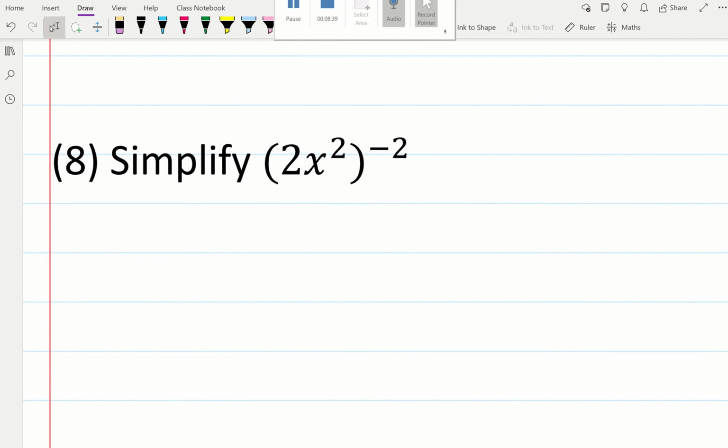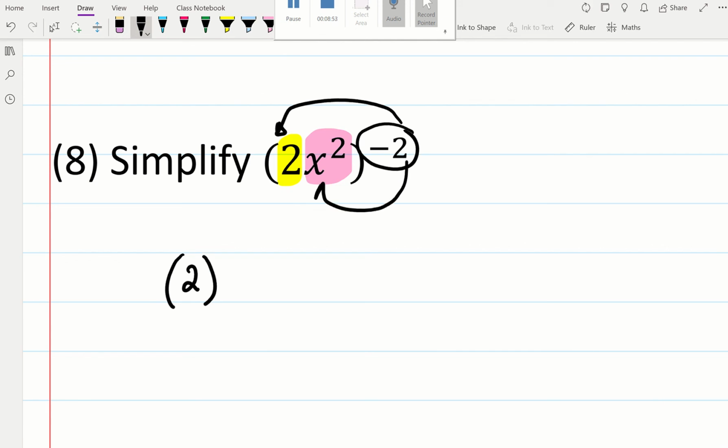Again, a similar question, except the power is a negative. You've got 2 separate bases here. You've got 2 to the power of negative 2, not just 2, but negative 2. And then x squared is also to the power of negative 2.